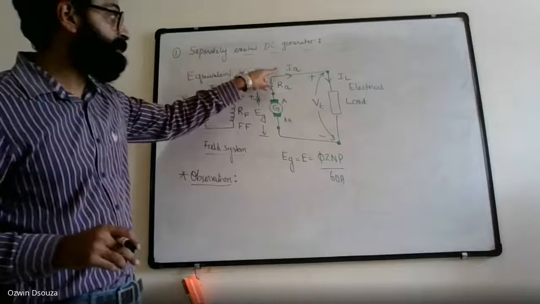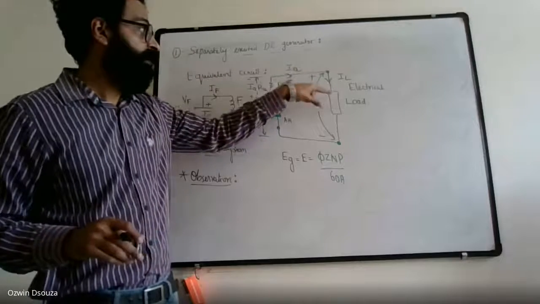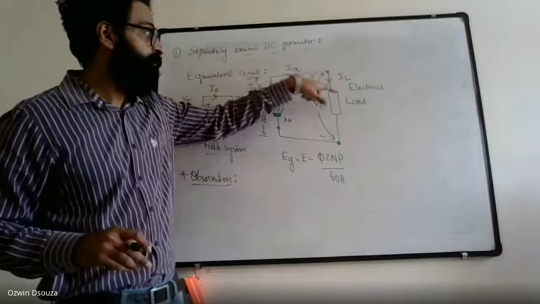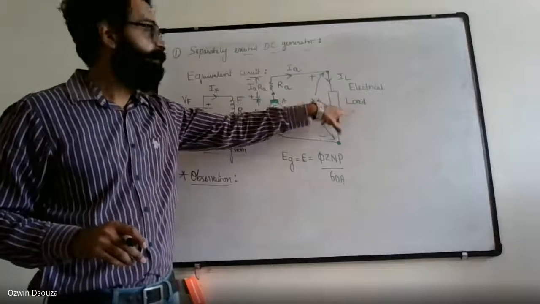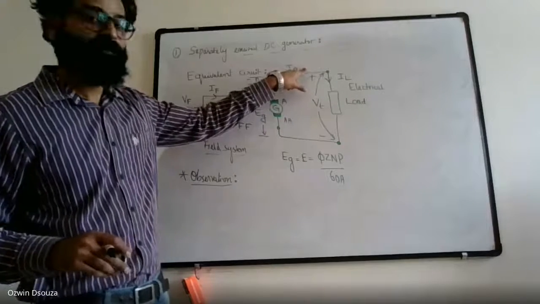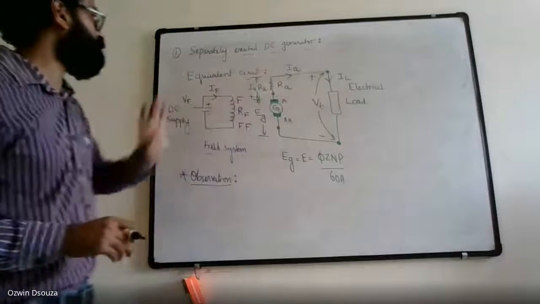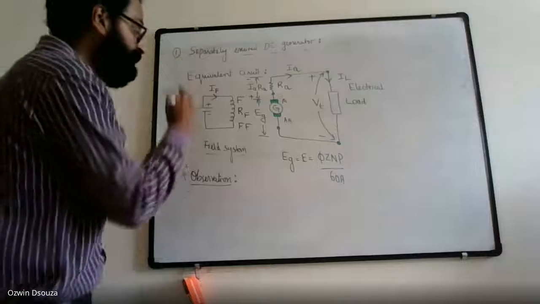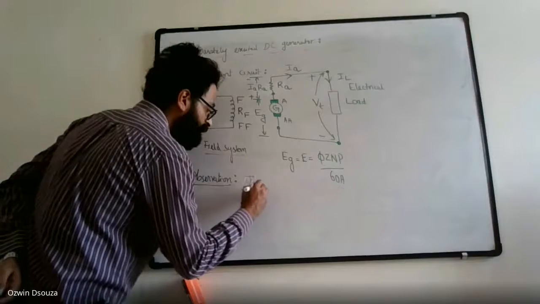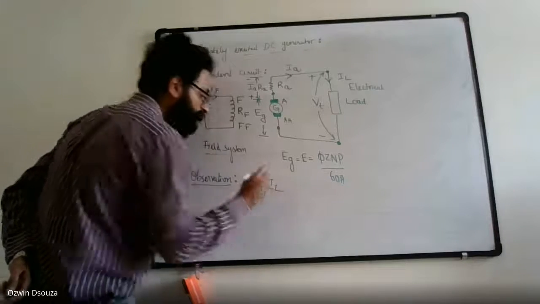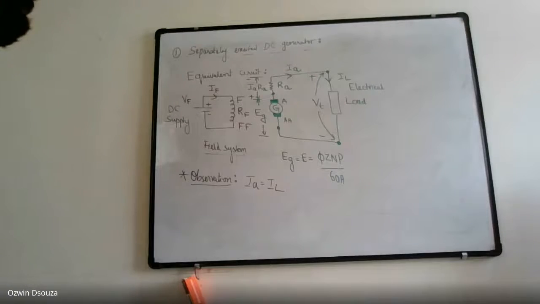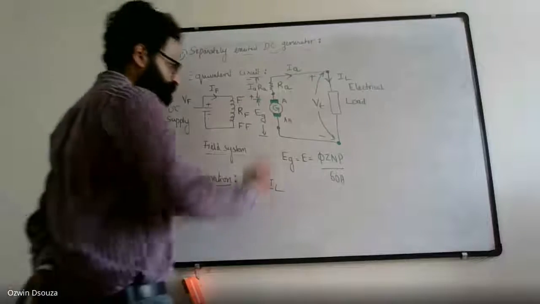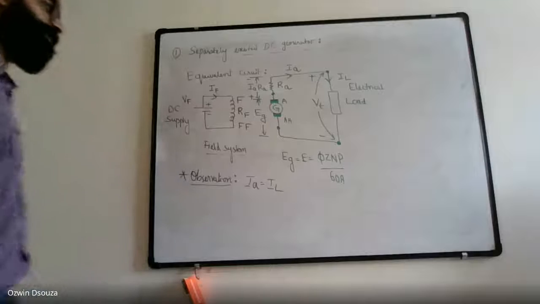The armature current itself flows into the electrical load. So IA is equal to IL for a separately excited DC generator. So from observation, you can say that the armature current IA is equal to load current IL. Okay, fine. So that is one of the observations.